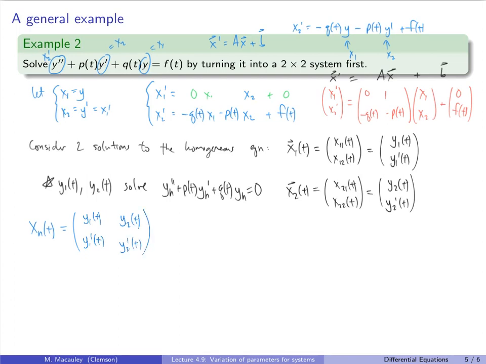This should look familiar. Oh, and b of t, of course, is 0 and f of t. Okay, so now, if you want to, you can just use the formula that we've derived to solve this, but I want to say a few remarks.